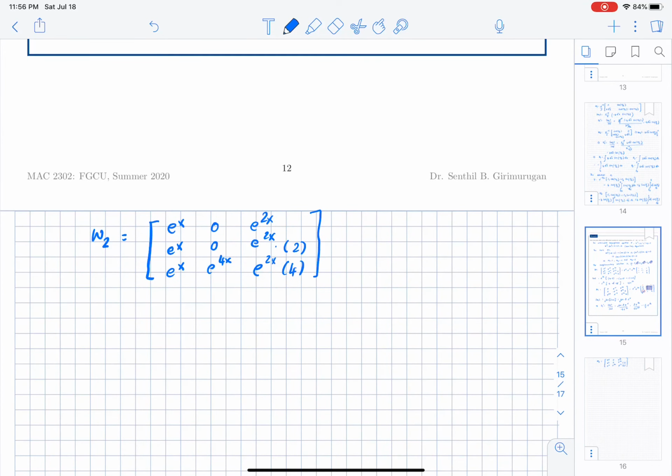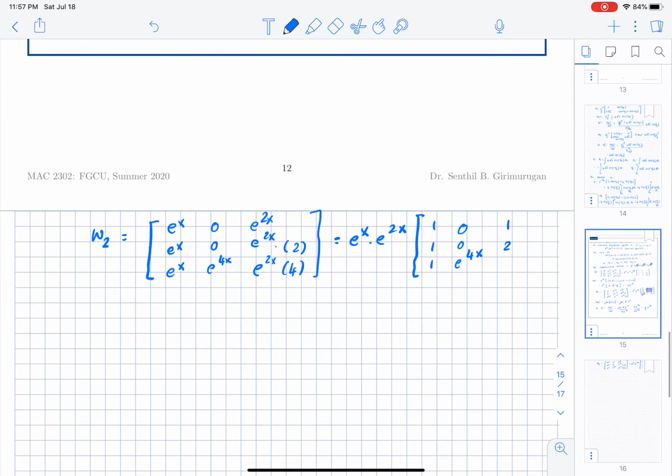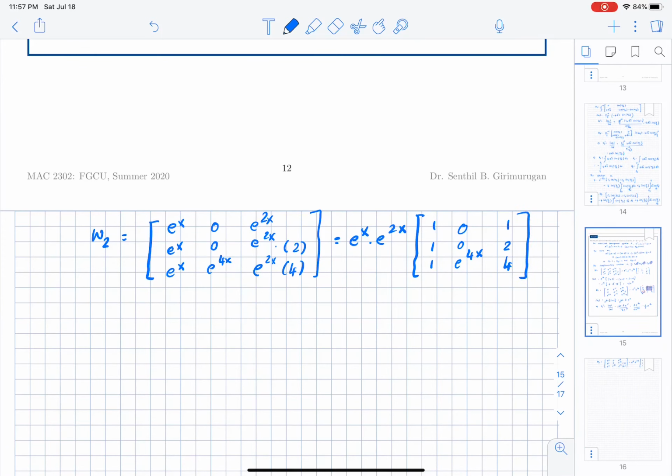So erase x out, erase 2x out. So we would have 1, 1, 1, 0, 0, erase 4x, 1, 2, 4. Again, using a bit of matrix trick.